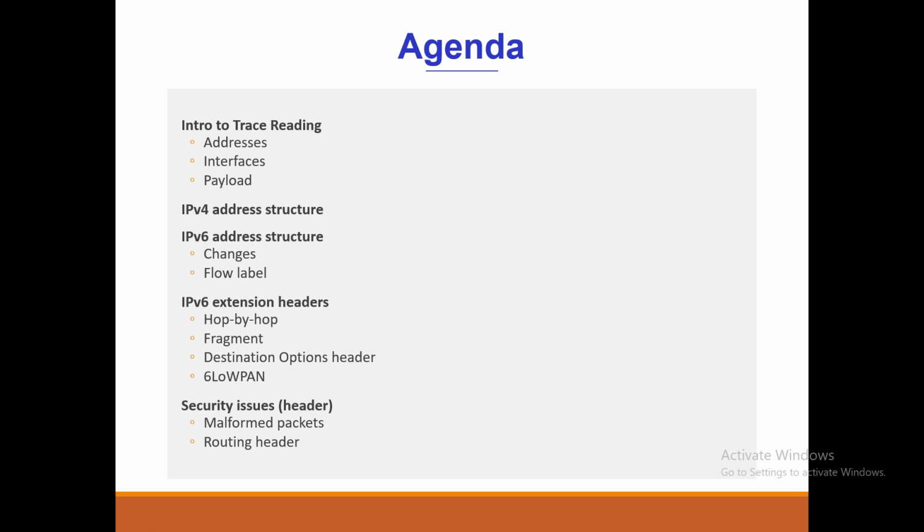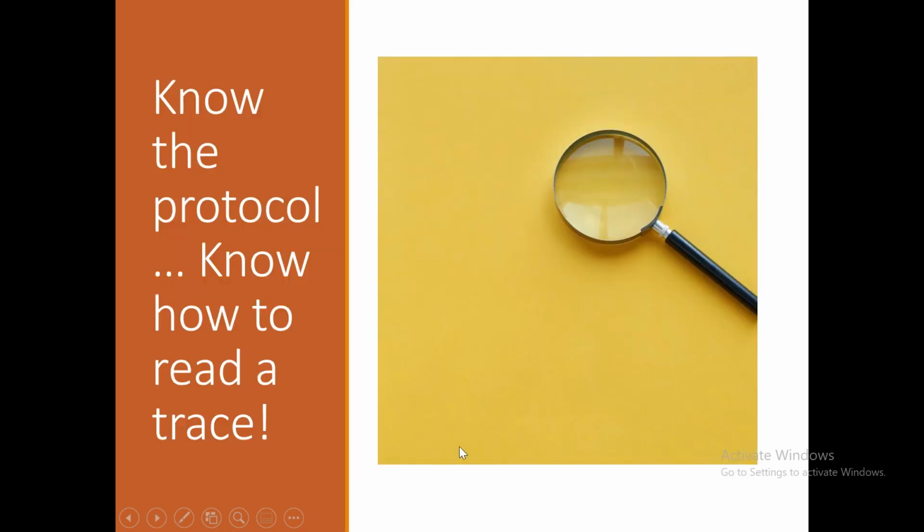So this is the agenda, and this is a very, very detailed level class where we'll talk about quite a few things in the packets, and as we talk about all of these concepts, we will show the packet that goes right along with it. But you know, I'll tell you something, it's one thing to say I can read a trace, but the trace doesn't make a bit of sense to you unless you know the protocol.